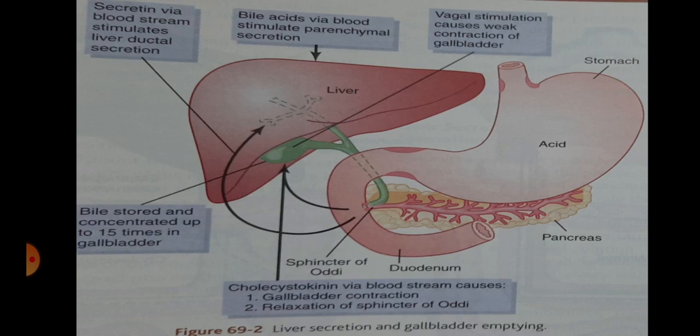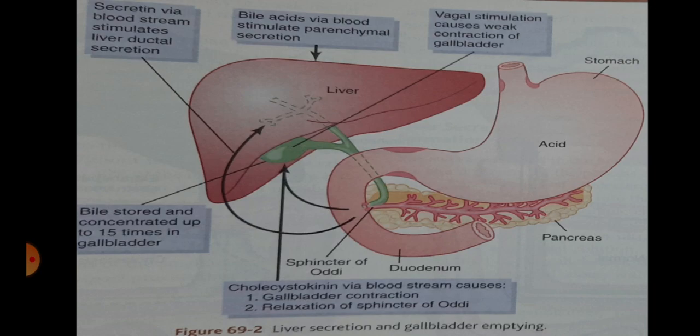The gallbladder is also stimulated less strongly by acetylcholine-secreting nerve fibers from both the vagus and the intestinal enteric nervous system.